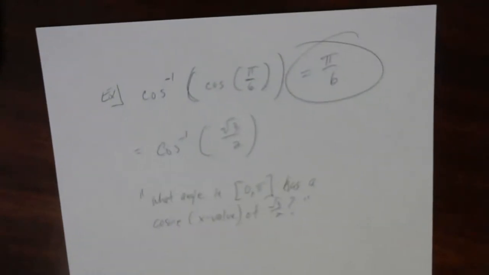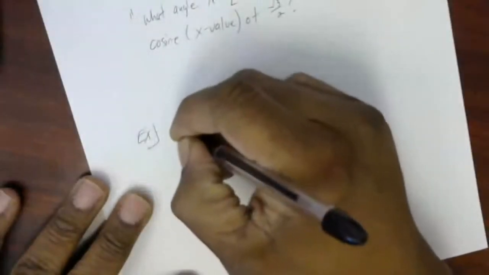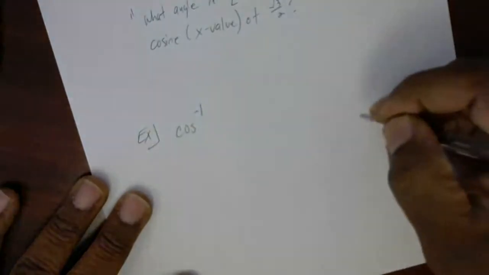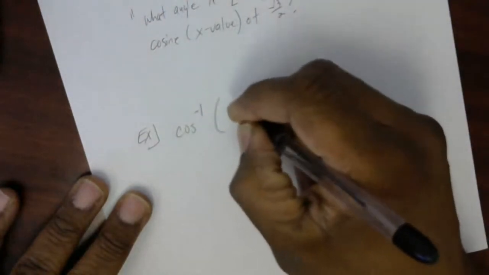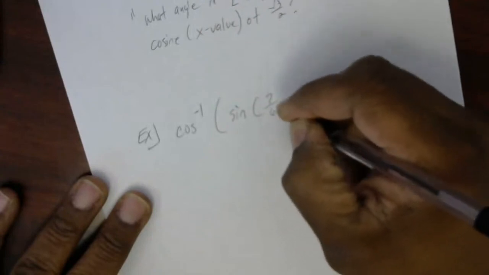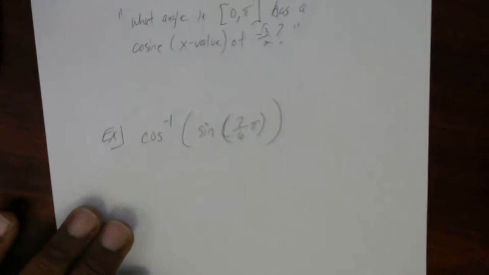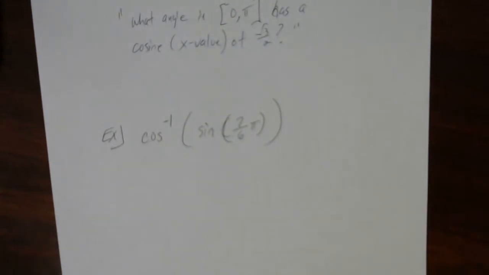All right, so now at this time, I would like for you to answer this one. What is the arc cosine of the sine of 7 pi over 6? All right, so that's the arc cosine of the sine of 7 pi over 6.